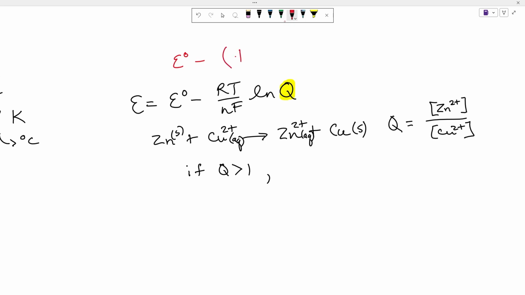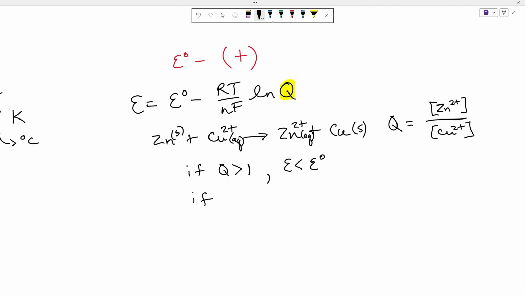So we get a positive number we subtract from the standard potential. What that means is the cell potential is less than the standard cell potential. This would be like if we have more products than reactants. That would be like the reaction is proceeding to the right, so there are fewer reactants and more products. So we could say it is closer to the equilibrium position. It's not yet there because E is still not 0. It is less than the standard potential if Q is greater than 1.